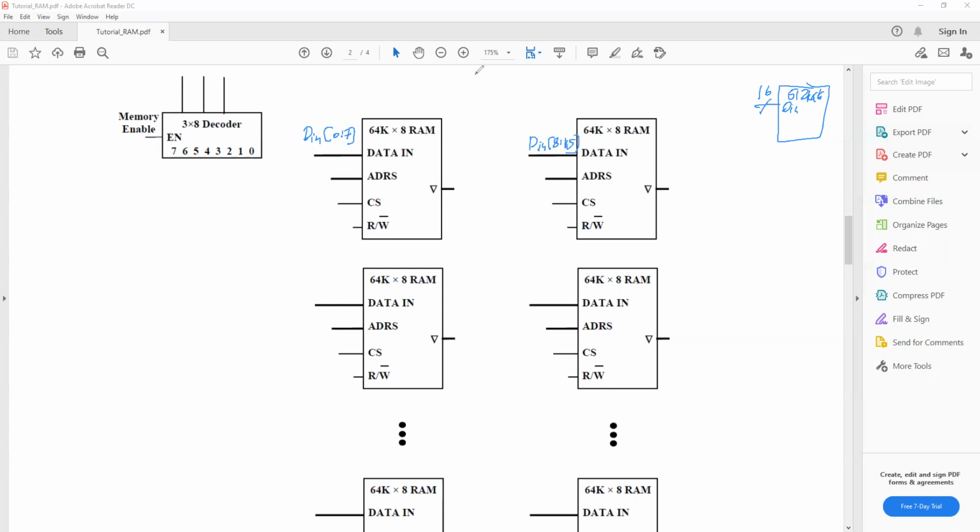So all we're doing is taking the 16-bit data in coming to us and splitting it: half will go to this memory and the other half will go into this memory.